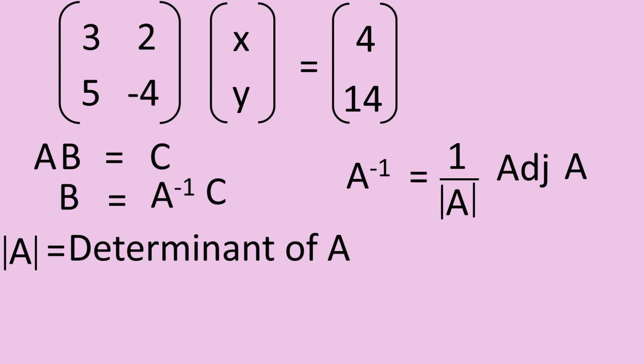So if we look at the matrices above, we know what A is. A is that matrix that has 3, 2, 5, and minus 4. That's what A is.